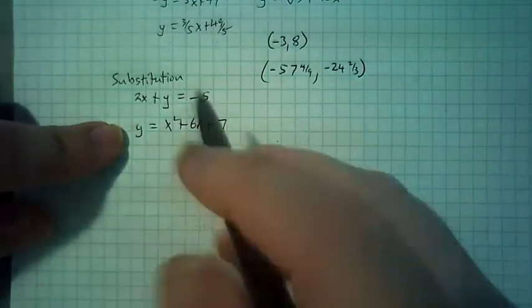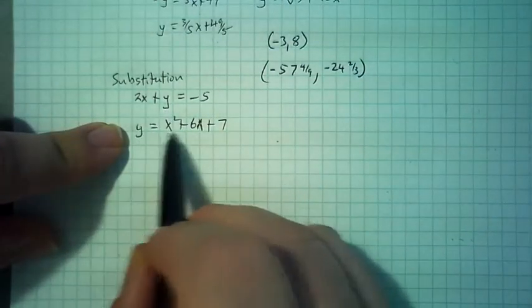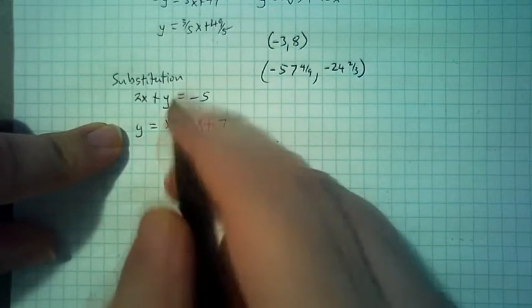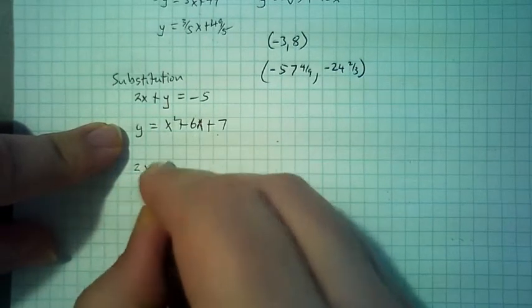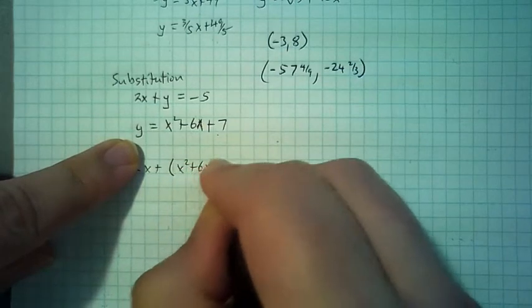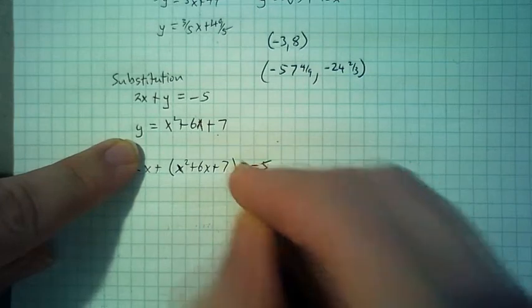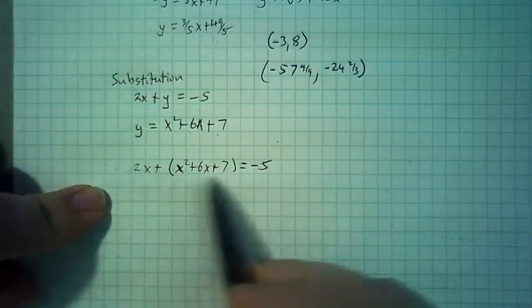It's doable, but terrible. So I'm going to take this, which says y is the same as x squared plus 6x plus 7. So in my other equation, I'm going to replace the y with x squared plus 6x plus 7, because my second equation promises me they're the same. And now I have only x's.